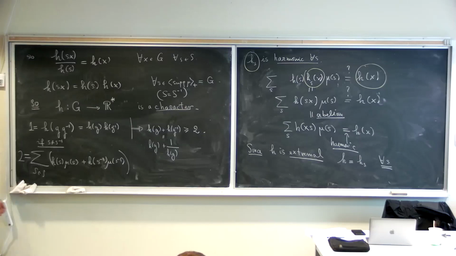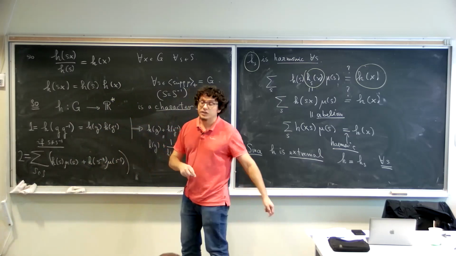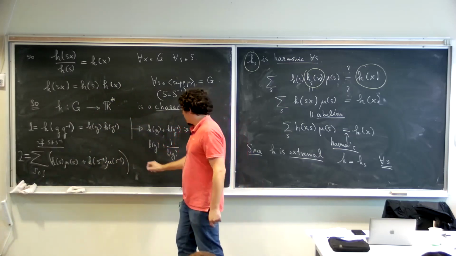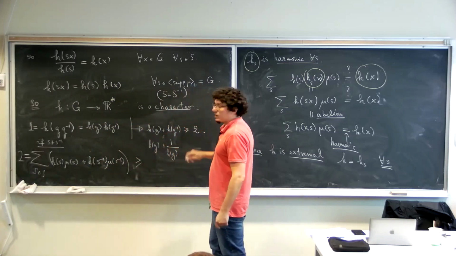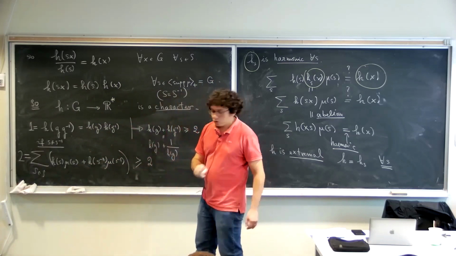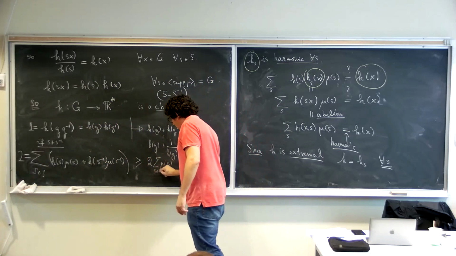On the other hand, mu(S) and mu(S inverse) are the same, so this is bigger, and H(S) plus H(S inverse) is at least 2. So this is bigger than 2 times the sum of mu(S), which is 2.